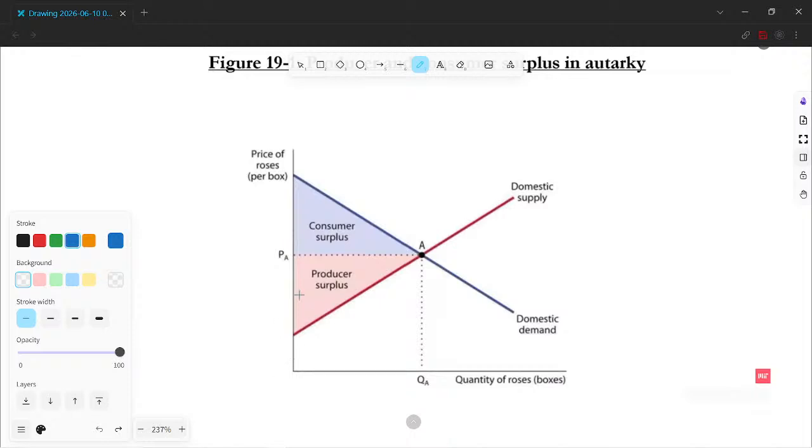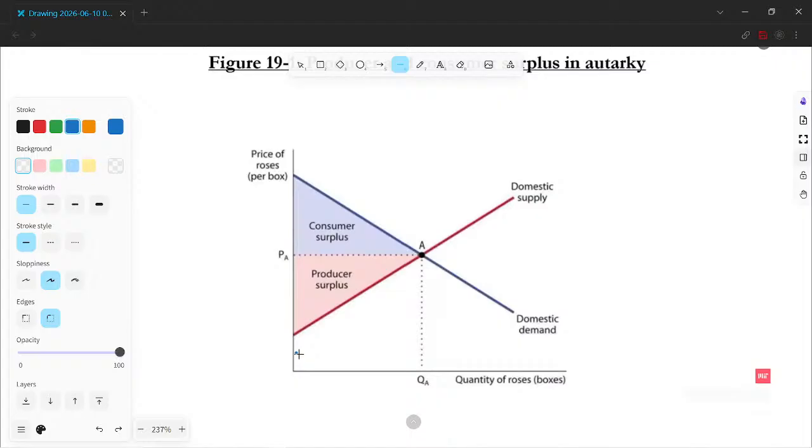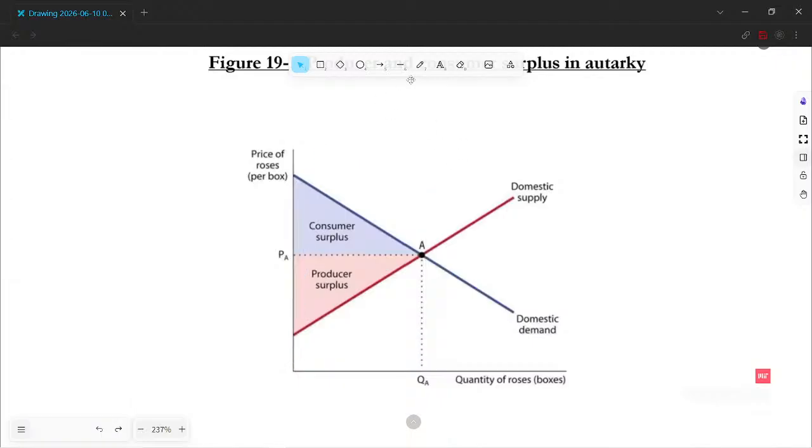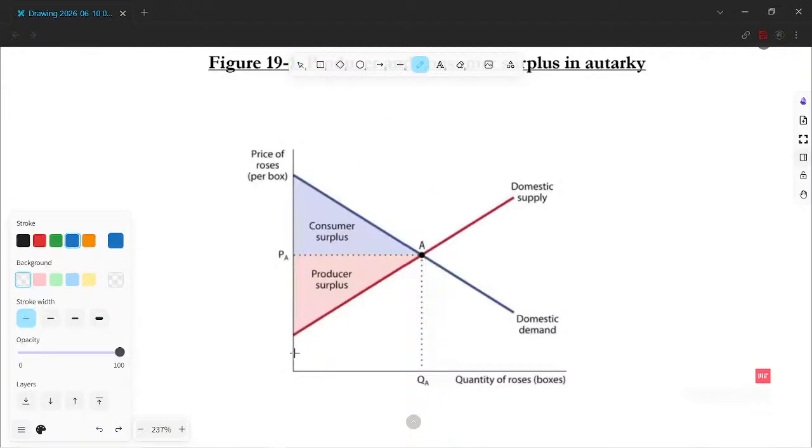Right, because you're willing to supply the same amount at a lower price. Right, so like, oops, oh my god, let's just do this. Why is this? Oh my god. Can you please? Okay, I'm just going to draw it. But imagine that's perfectly straight.